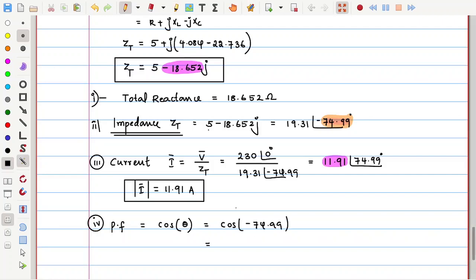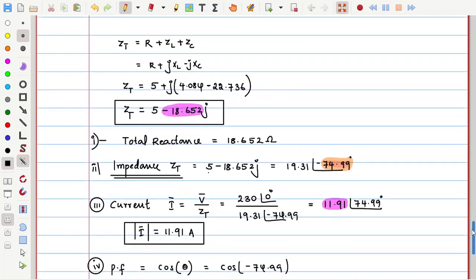This negativeness is expressed, I will tell you. First find this value, cos of 74.99. How much is this? 0.258. Now observe here, XL is 4.084, XC is 22.736.